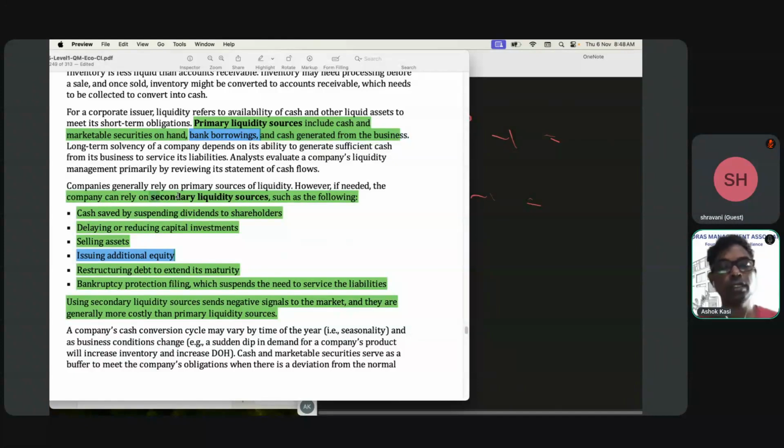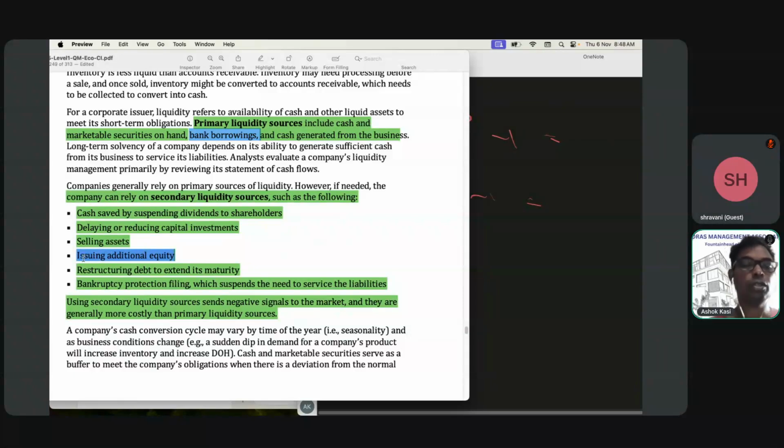Secondary means which is troubling you, which is forcing you. For example, suspending dividends to save money means you are in trouble. So secondary liquidity shows that you are in trouble. Delaying or reducing capital investments, trouble. Selling assets, trouble. Issuing additional equity is also trouble. It looks counterintuitive, so why?